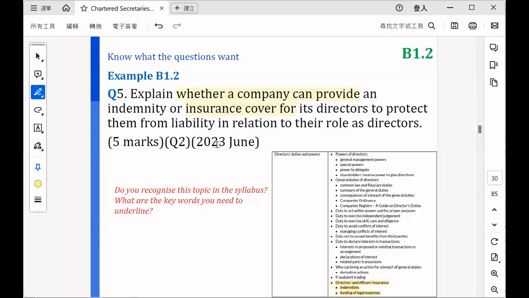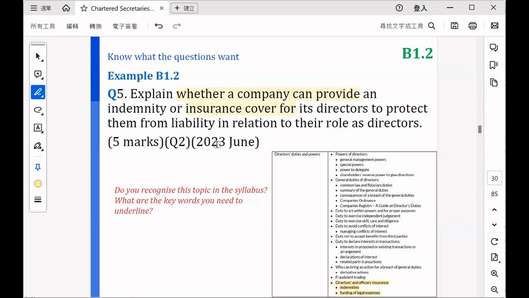We have very similar provisions in the Companies Ordinance, in the model articles as well. And we can also see similar things in the code provisions, where the CG Code provides that the Hong Kong listed company should arrange appropriate cover in respect of any legal actions against the directors.